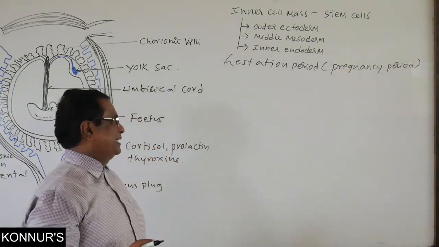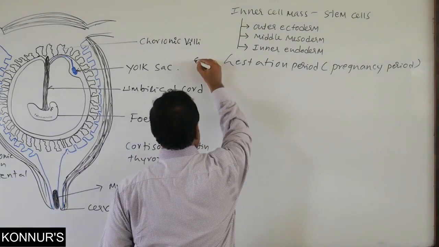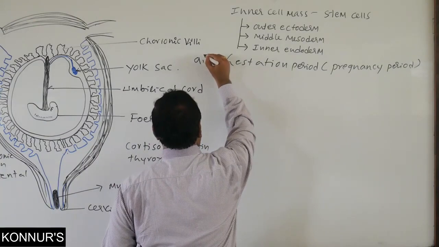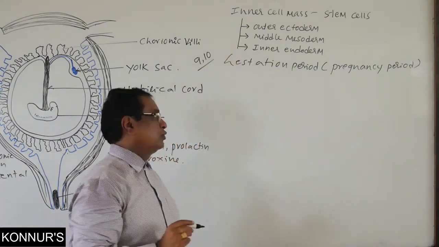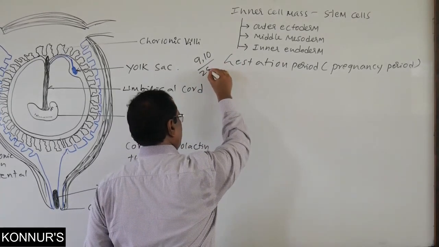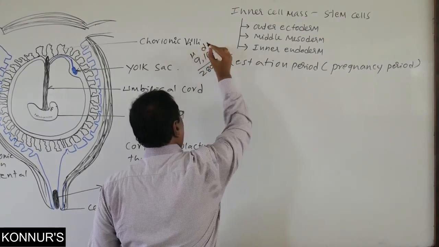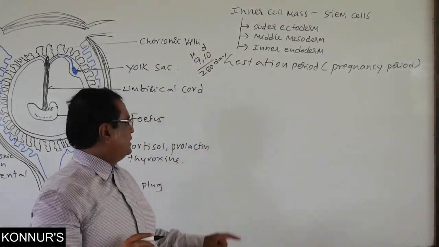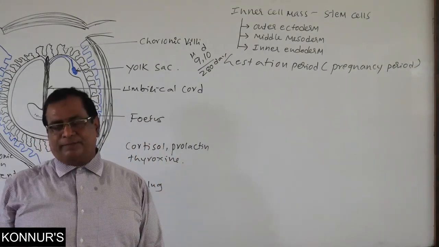And usually this gestation period has a duration of 9 months, 10 days, around 280 days as well. 9 months, 10 days is around 280 days of gestation period.